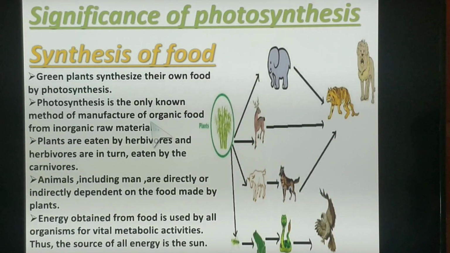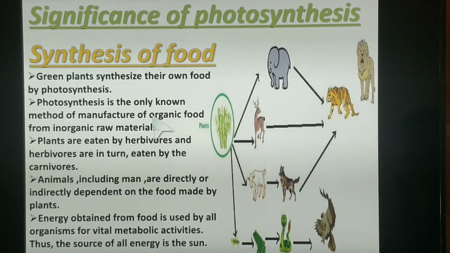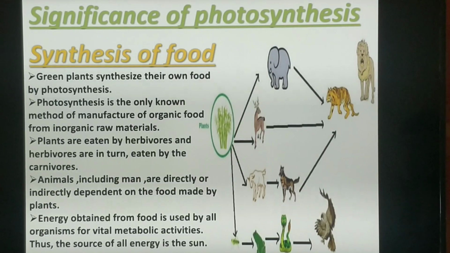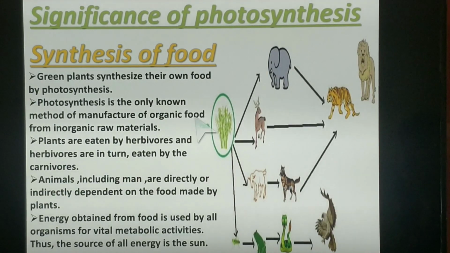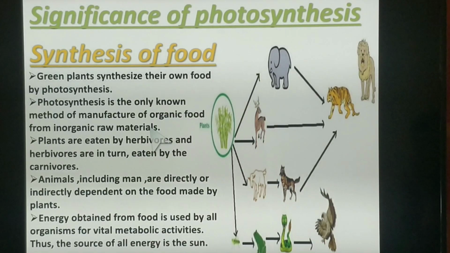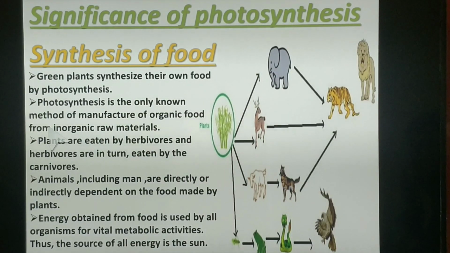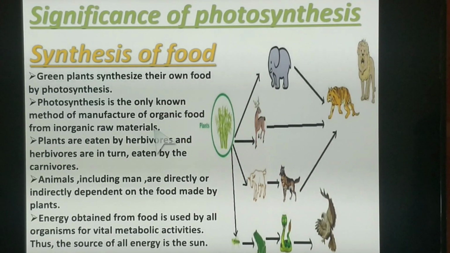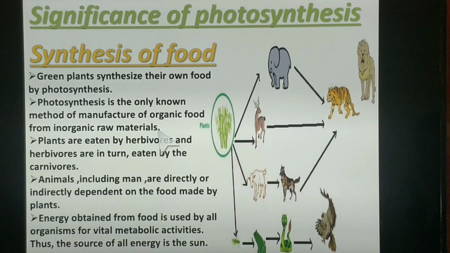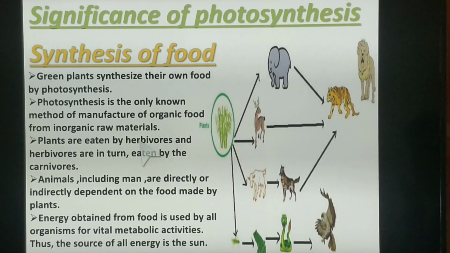That means the carbohydrate or the sugar that is produced by plants after photosynthesis is the organic food, and this food is manufactured with the help of inorganic raw materials. That means carbon dioxide and water are inorganic raw materials.